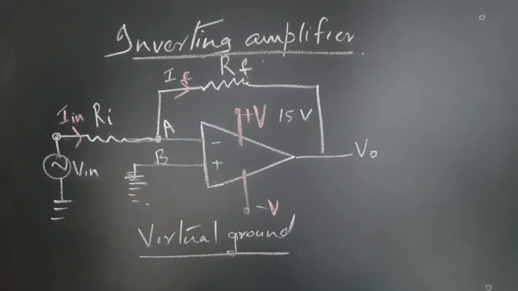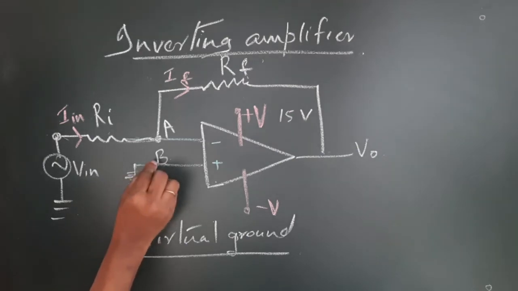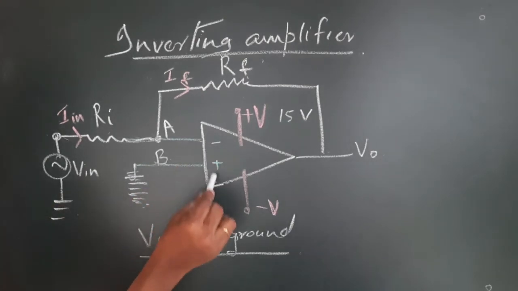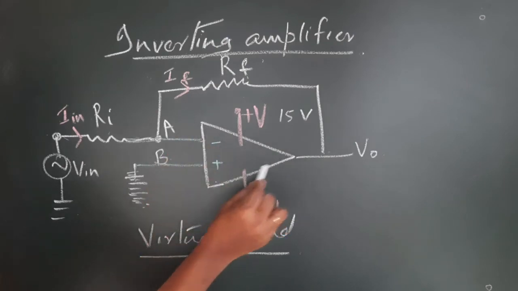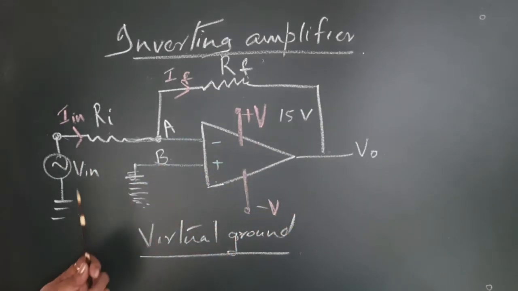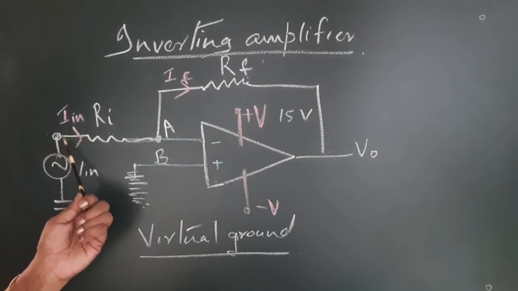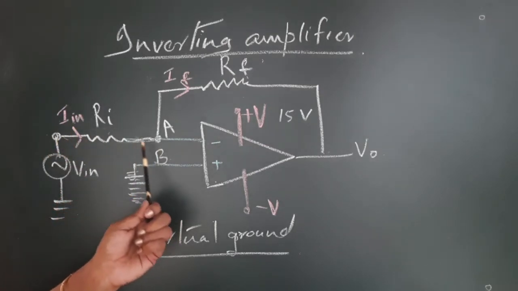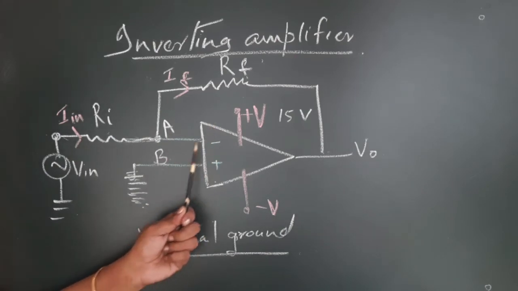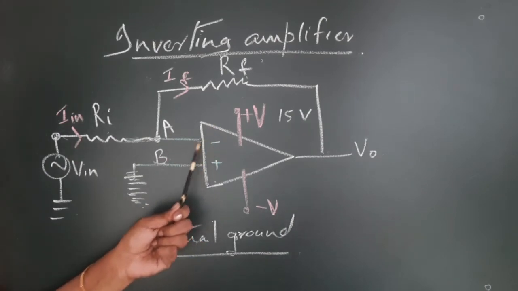How will you justify this concept? We know that this point B is connected to ground, but the input impedance of this op-amp is very high, you know that. So, as a result, this current I in flowing from here cannot enter this op-amp significantly because of the very high input impedance.